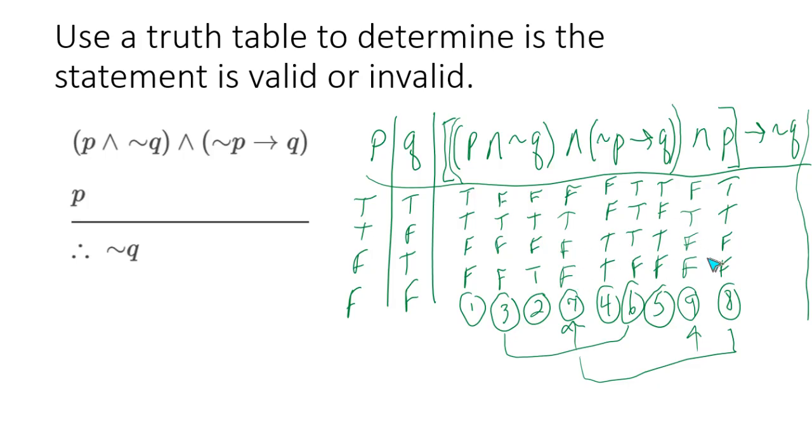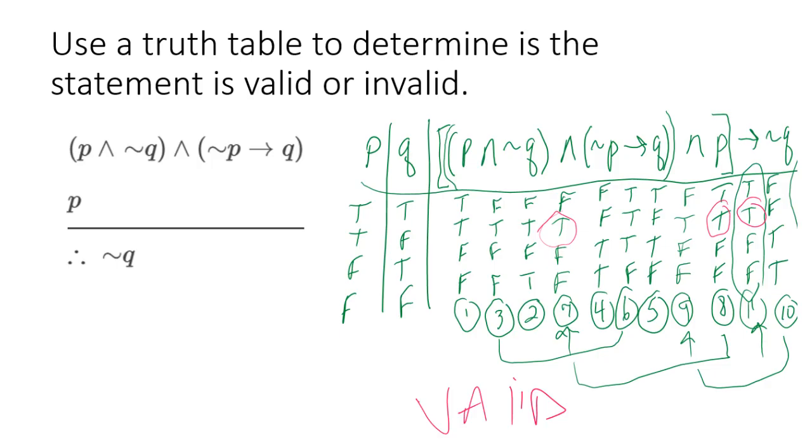Then I'm going to fill in negation Q next. Negation Q is false, false, true, true. So that's your 10. We're going to use our 9 and our 10 to give us 11. Make sure I have the right one here.